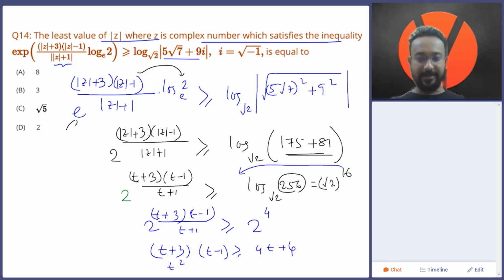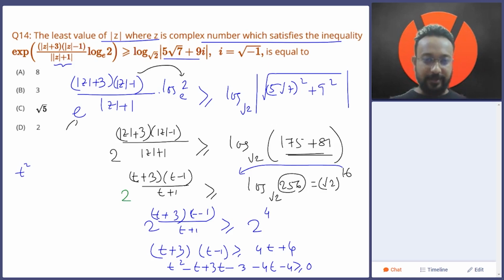So if we multiply, t square minus t plus 3t minus 3, correct? Minus 4t minus 4 greater than or equal to 0. So finally what did we get with that? T square, and I think we got minus 4t minus t is minus 5t plus 3t is minus 2t, correct?